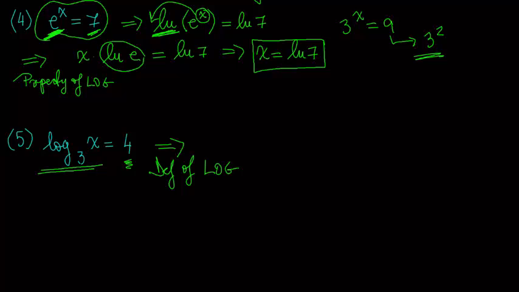So what I have here is log base 3 of x equals 4. What I'm going to do is copy the base, that always remains the base, and now I raise it to the output equals the input. So 3, now the old output becomes my input, and the x, the former input, becomes the output. And that gives me the answer, namely x equals 3 to the 4th, which happens to be 81.